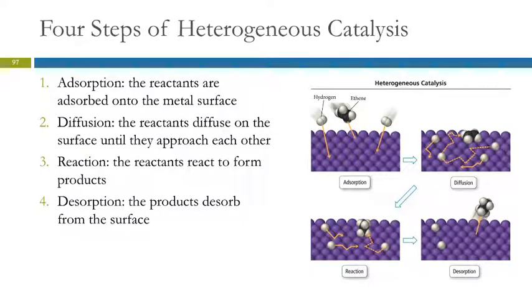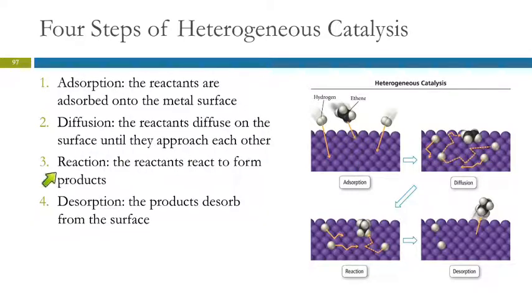So this is another example of heterogeneous catalysis. We have adsorption. The reactants adsorb onto this solid surface, so the gas particles stick onto here. Diffusion occurs as those reactants can move on the surface. Let's not get too far into how they would do that, but they can move on the surface.